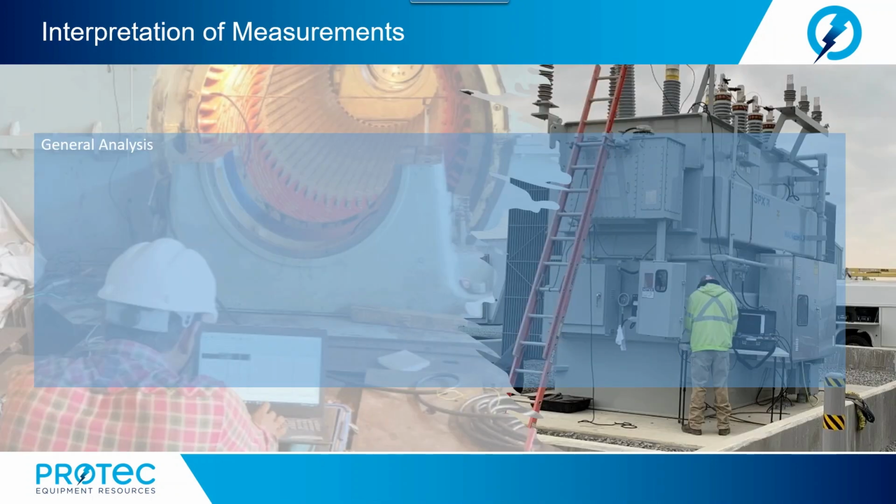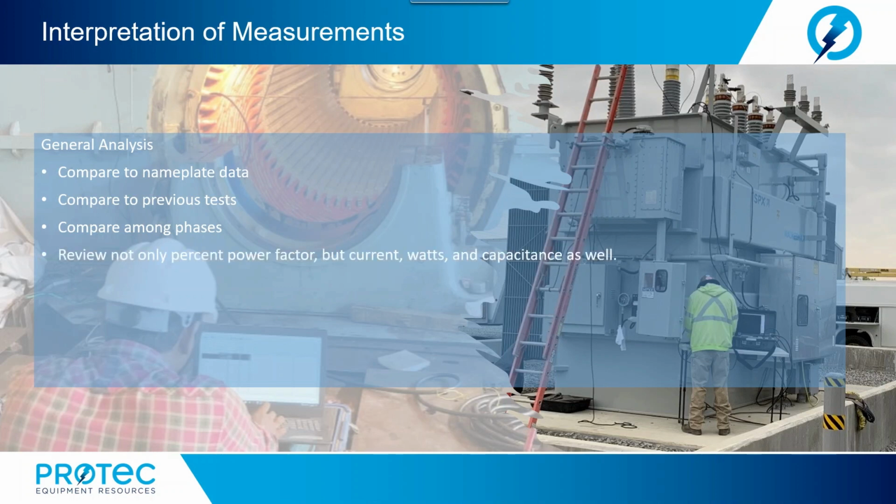All right, let's talk a little bit more about interpretation of results, a general analysis. We want to compare to nameplate data. We want to compare to previous tests and establish changes or trends. We want to compare our measurements among the various phases of a transformer.